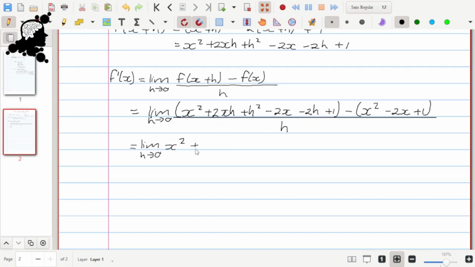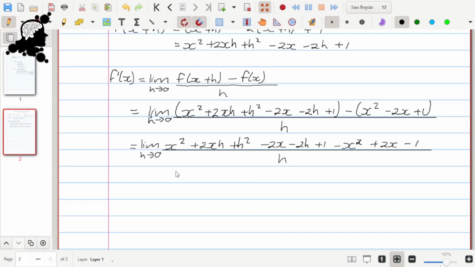We've got x squared plus 2xh plus h squared minus 2x minus 2h plus 1, then this is going to be minus x squared plus 2x minus 1. And once again, all of this is divided by h.